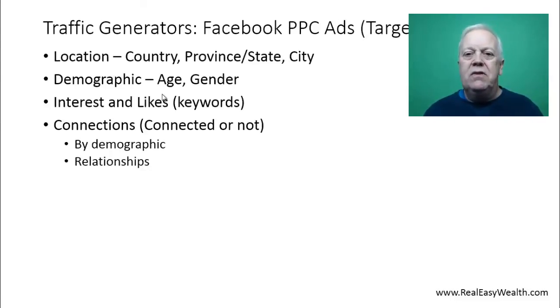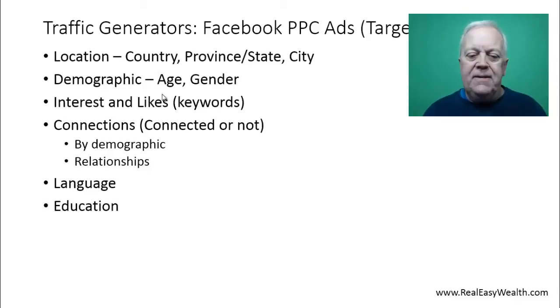And then relationships, meaning if they're married or single, depending on the type of product I'm trying to sell and the type of ad I'm trying to run. Language, so I can specify whether it's English, French, or any other language that I might try to target. Education, do they have a high school education, a college diploma, a university diploma?